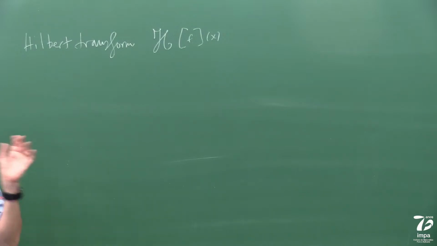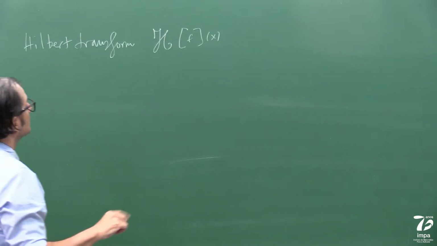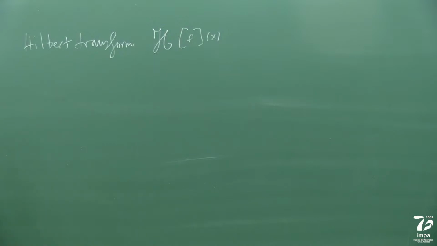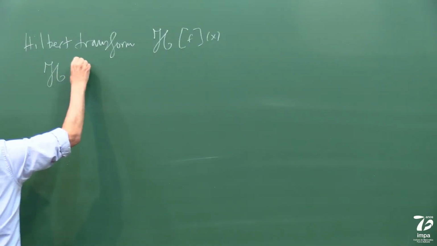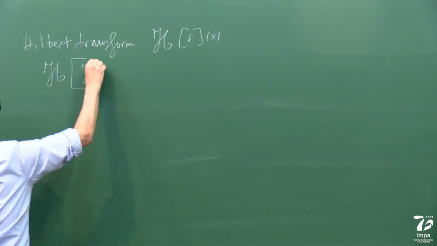I'm not going to write here, later on it will appear. We also saw the Hilbert transform of the derivative, okay? And there is one thing I think I never mentioned to you, which is a known property of the Hilbert transform, is this property here.